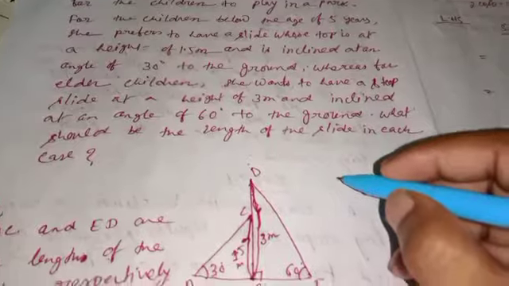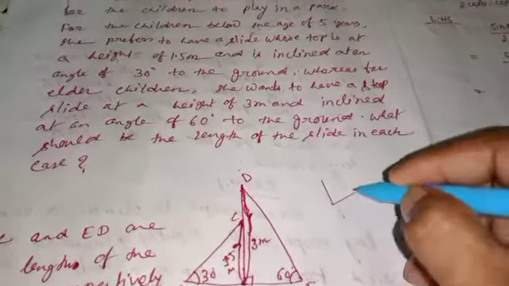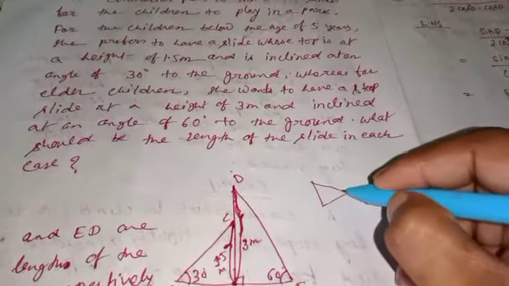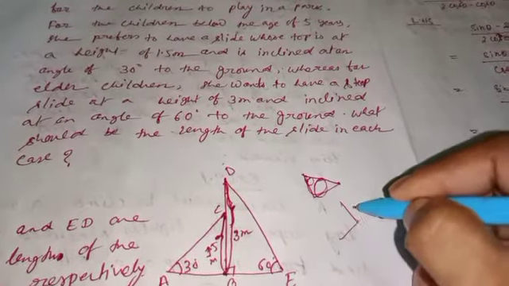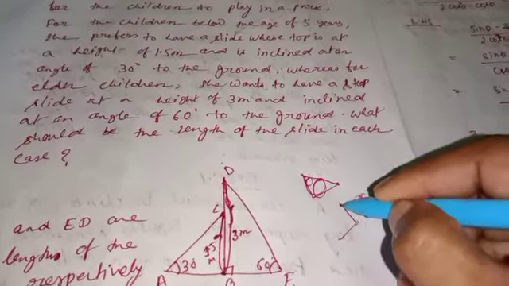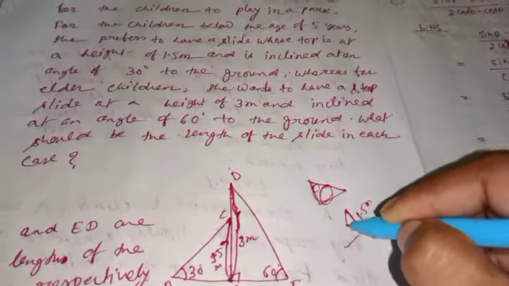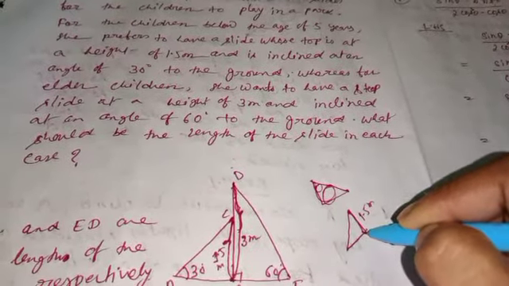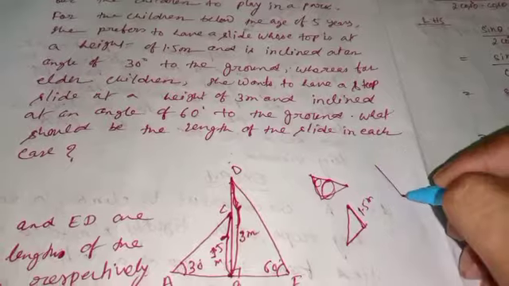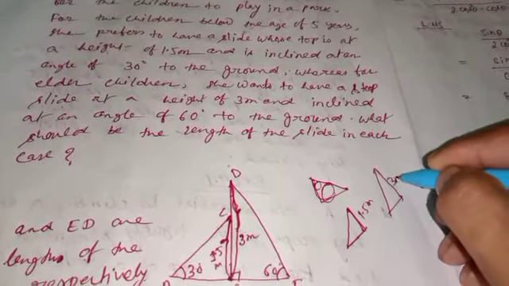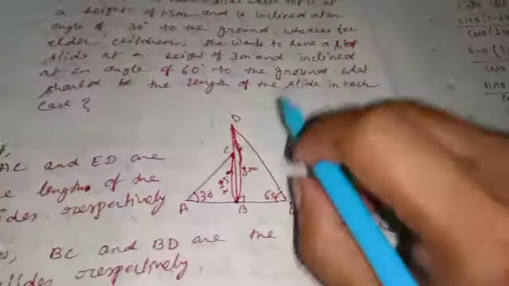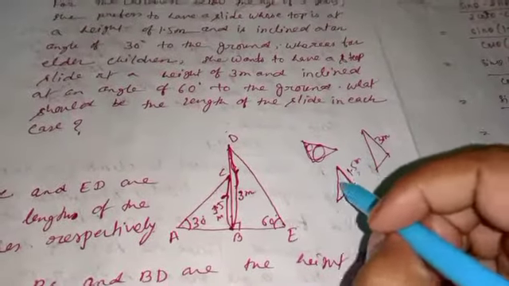You can draw different triangles. You can draw this figure like this also. Suppose this is 1.5 meter, this is the height of the slide and this will be the length of the slide, and this is ground level. Like another one is 3 meter, and this is the length of the slide and this is the height of the slide, like this. But I have drawn both the triangles in one figure.